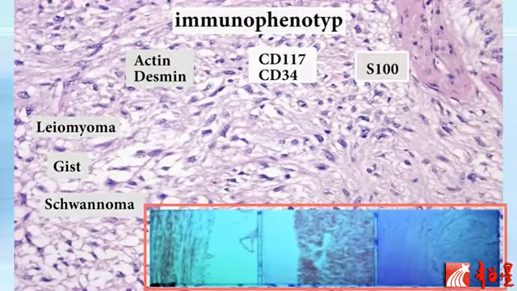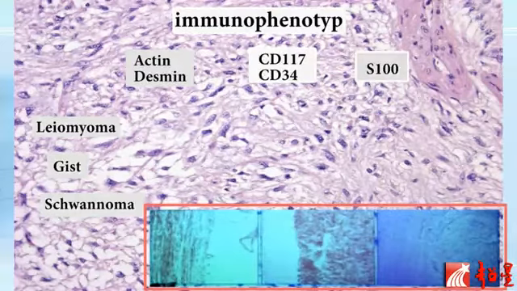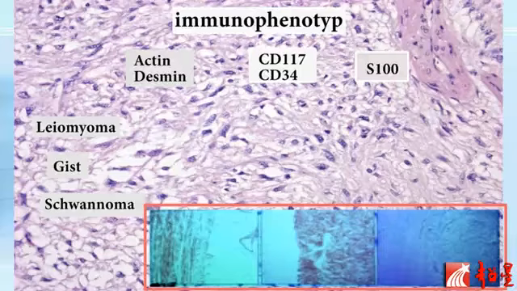Immunostaining can help us distinguish them. Here CD117 and CD34 are positive in the tumor, while actin and desmin are negative for the tumor but positive for the smooth muscle, which is the positive control. And for S100, the tumor is also negative. So this is the GIST.